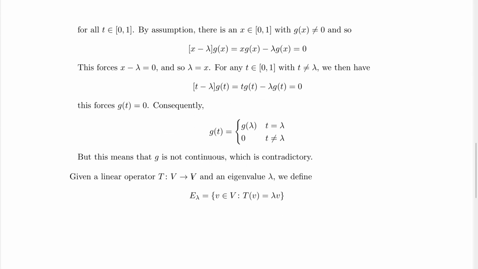So, given a linear operator and an eigenvalue, we'll define E sub lambda to be the set of vectors that satisfy the characteristic equation. T of v is equal to lambda v. This is called the eigenspace, and the elements are called eigenvectors.